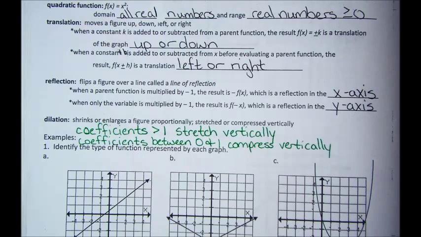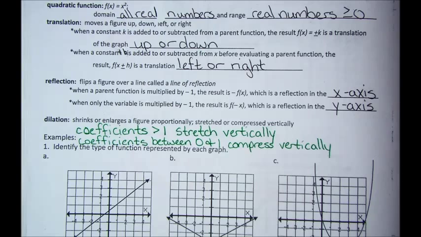A negative k value makes it go down. An h value can be found inside whatever grouping symbols we have, inside the parentheses or inside the absolute value with the x. That h value affects whether it goes left or right. A negative value would make it go left. A positive value would make it go right.